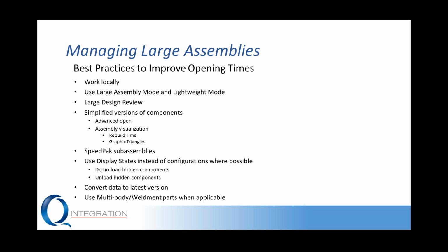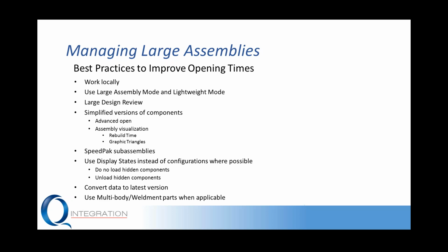Now we can also utilize large design review in many cases, especially for our larger assemblies, or maybe for an assembly that just takes a little while to open up and we need to quickly open it up and just review it. We can utilize large design review, and I'll show an example of that.